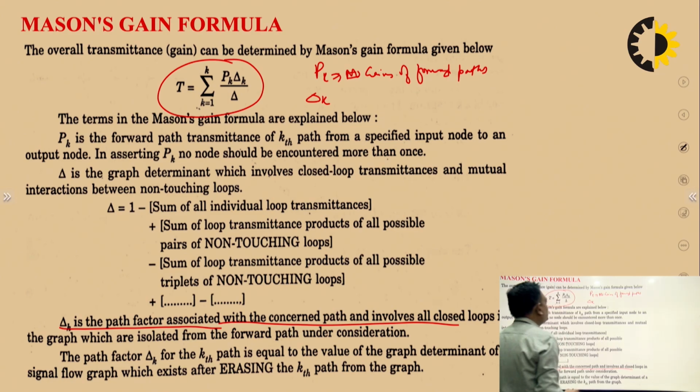If we are talking about path 1, we have to check whether there is any loop which is not touching this forward path.